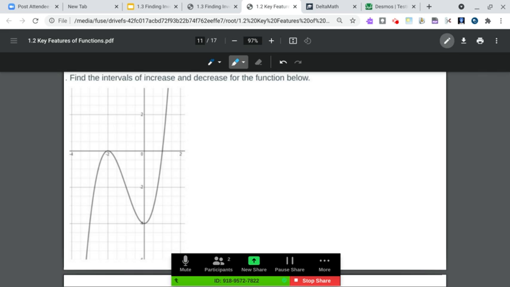So this is a turning point and this is a turning point. So you know you're going to change whether you're increasing or decreasing. Okay? So from negative infinity to -2, what are your y values doing?